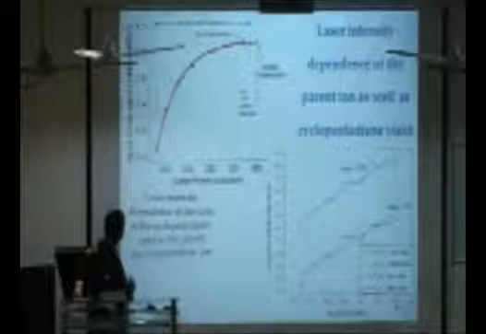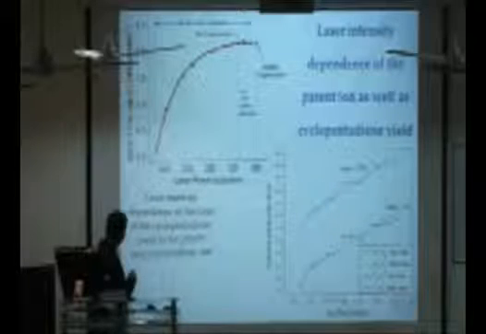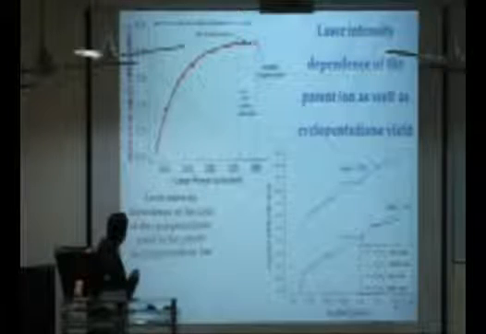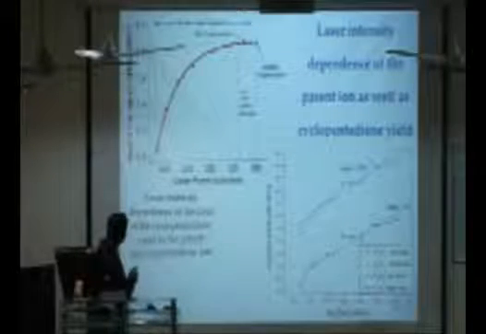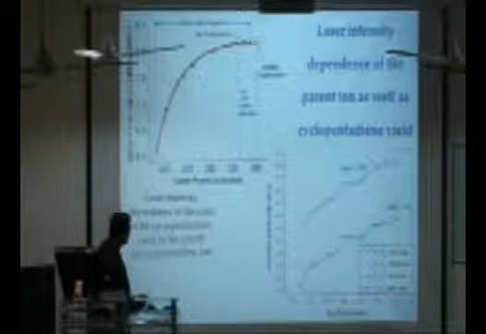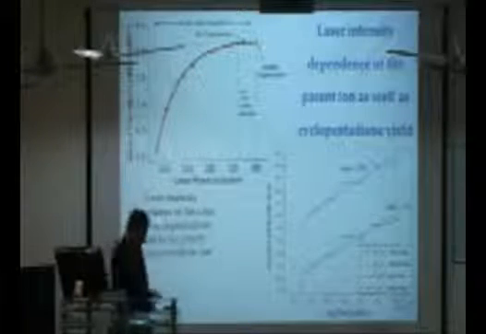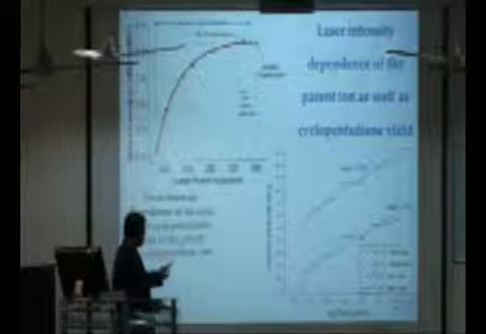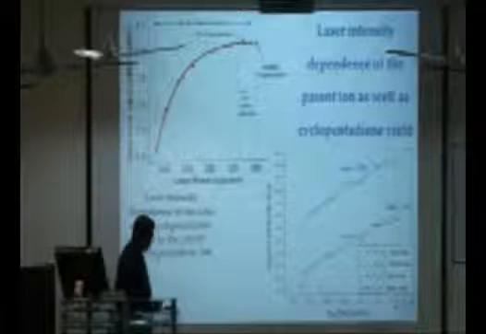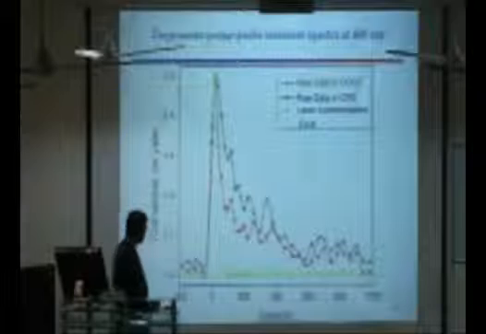Under this condition, we did a few experiments. As you change the laser power, you can in fact see the ion ratios saturate, and there are only two fragments which work here, and this is where we remained. Under this condition, we were able to show that the two slopes are close enough, but they are distinct, showing that the two reactions are mediated by different kinds of processes. One is because of the dimer, and the other is because of the monomer.